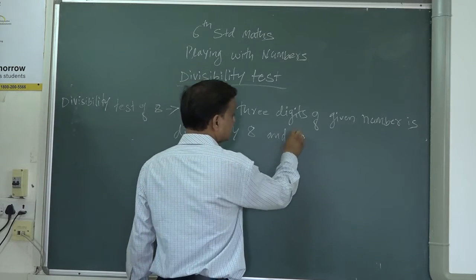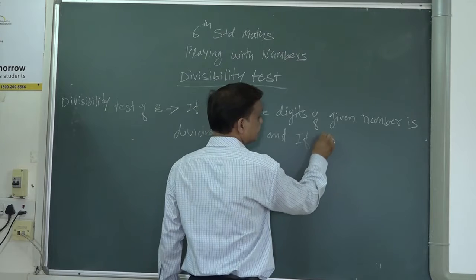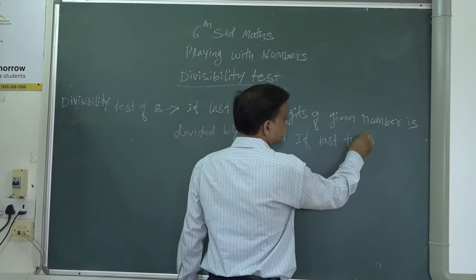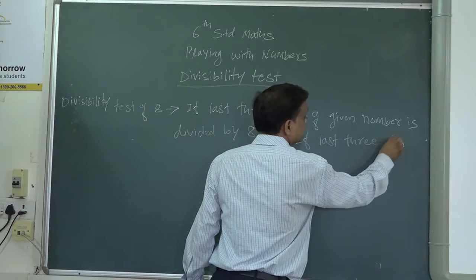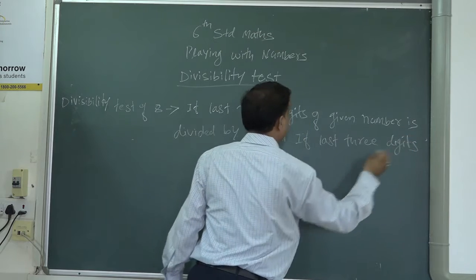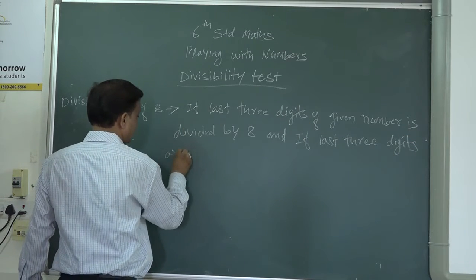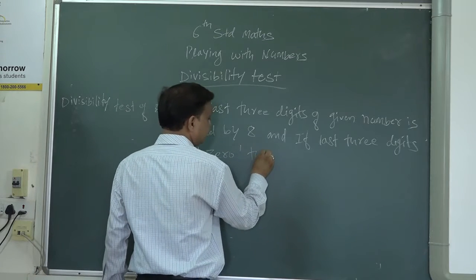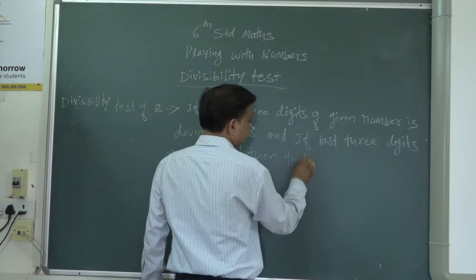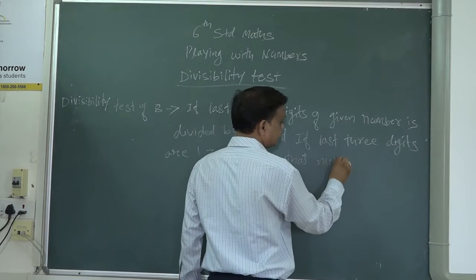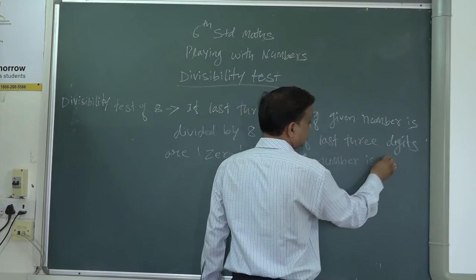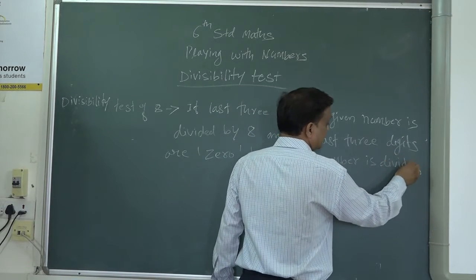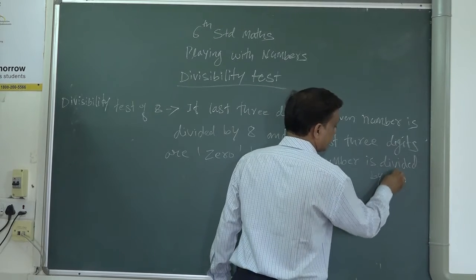And if the last 3 digits are 0, then that number is divisible by 8.